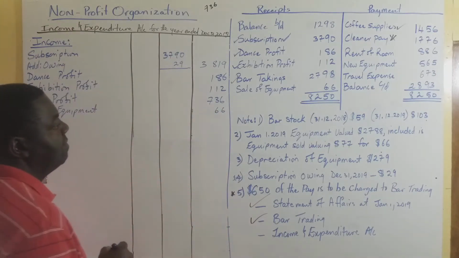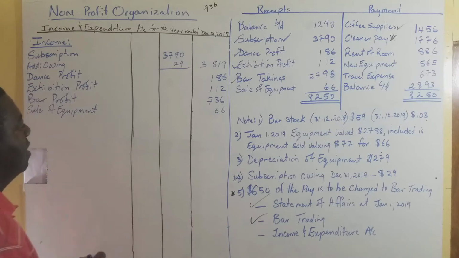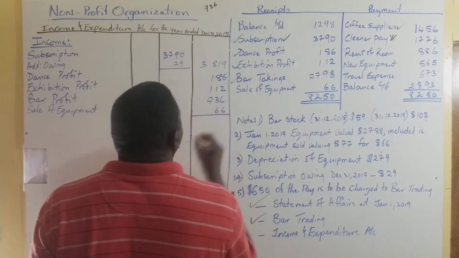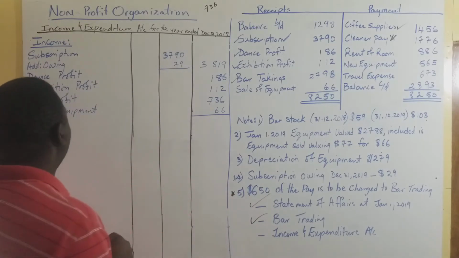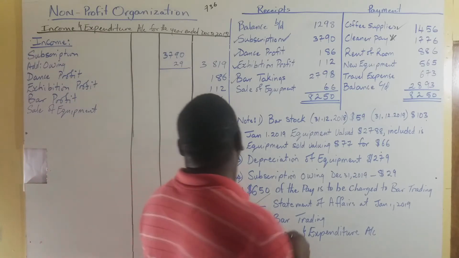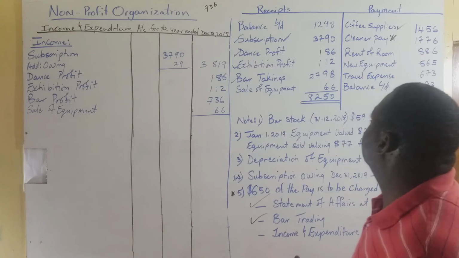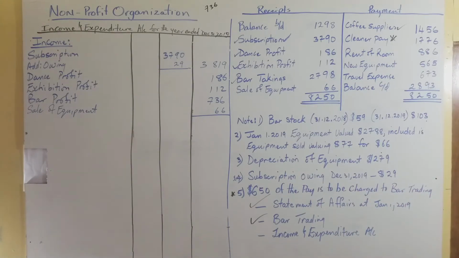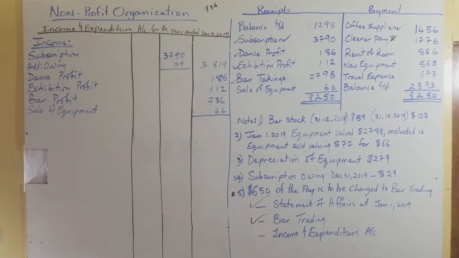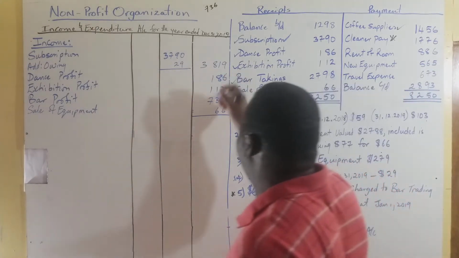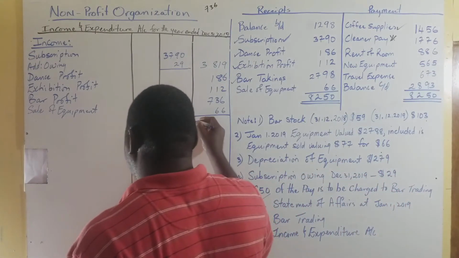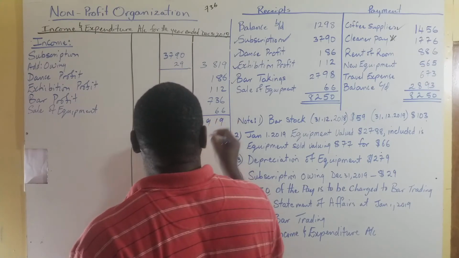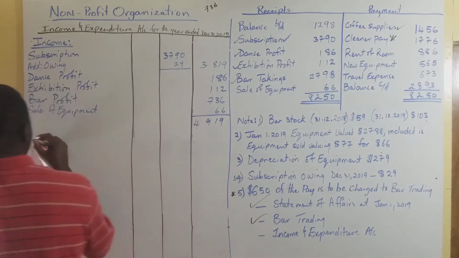All right, and so we can total this figure here, and that will give us the total income for the business. When we total all the income, we are getting a figure of $4,919.